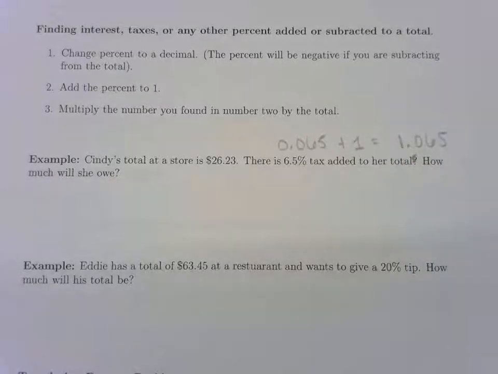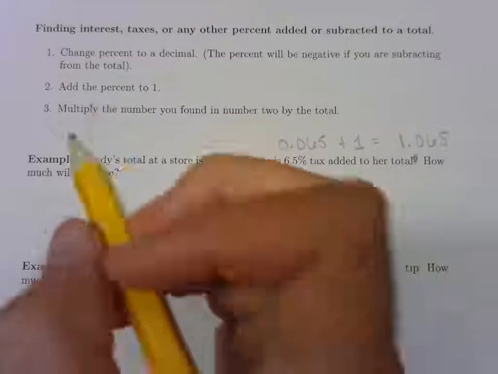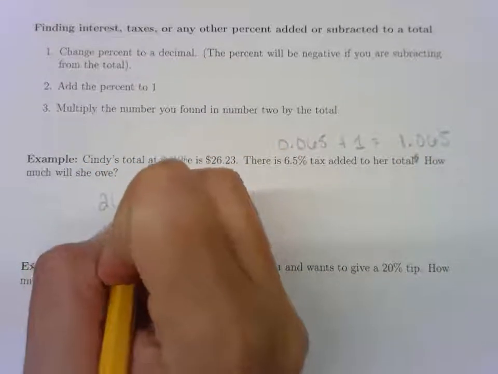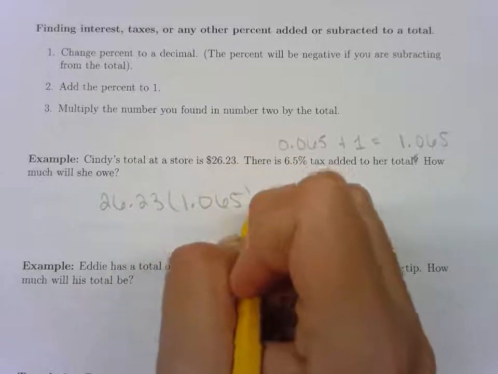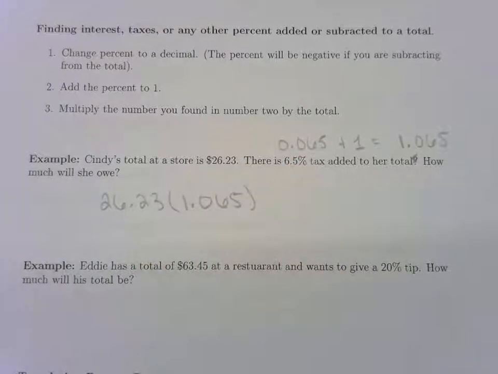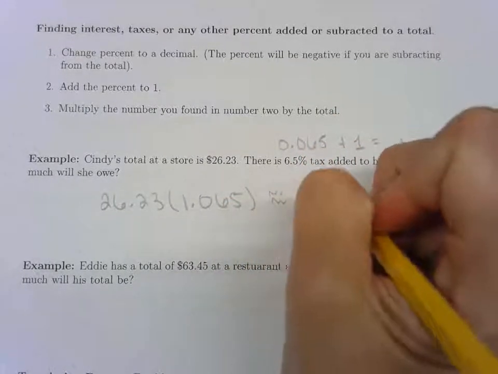Now we multiply this number that we found by our total. So we're going to do 26.23 times 1.065, which I have to use my calculator for, and I got about $27.93.